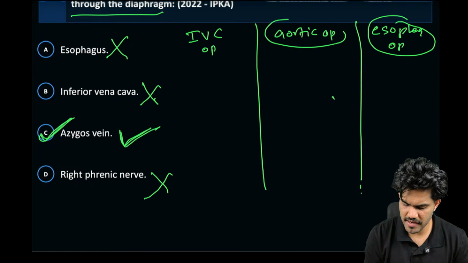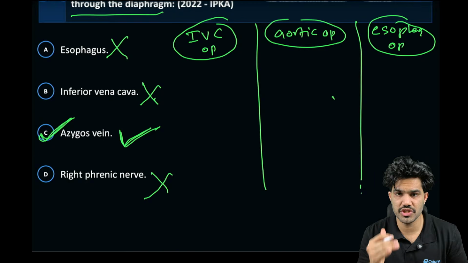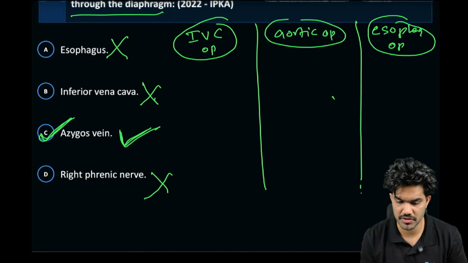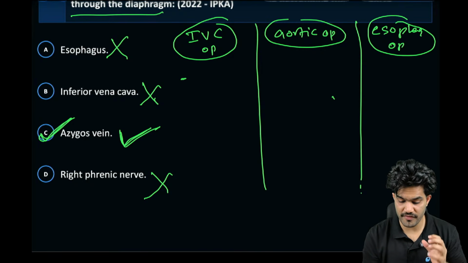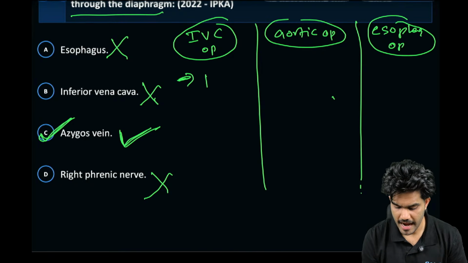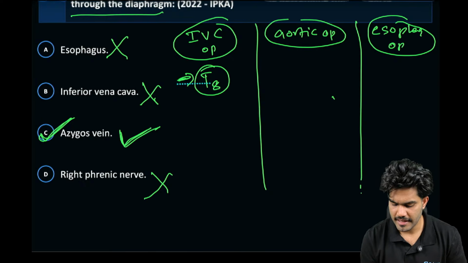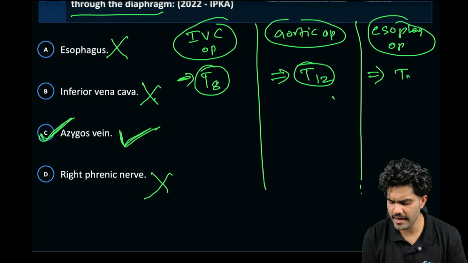This is very important. A 100% sure question will be asked from this. At first, what is the site? The inferior vena cava opening is at T8. Aortic is at T12, and esophageal will be at T10.